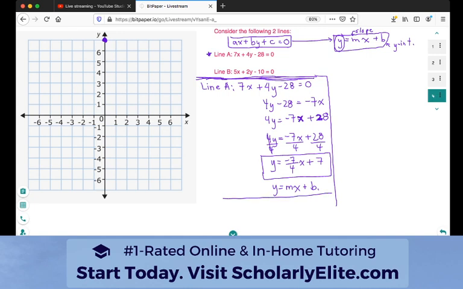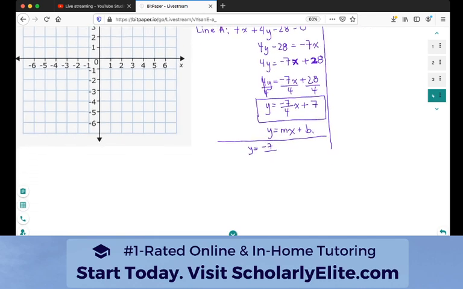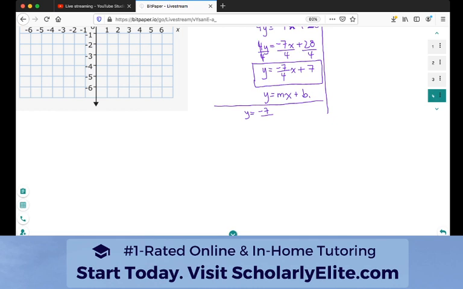And we can just say, so y equals negative 7 over 4. Actually, I'll move this up just temporarily so we can kind of observe that. So y equals negative 7 over 4, and instead of the letter x, I'm going to plug in the number 2. And here we go. So I can solve for y now. So negative 7 times 2 is negative 14 divided by 4 plus 7.